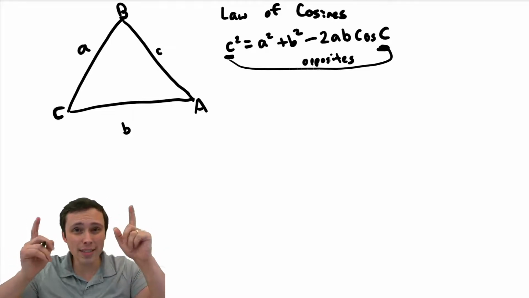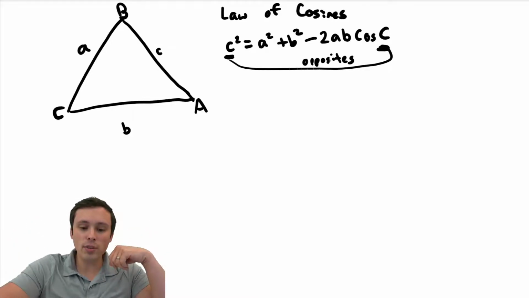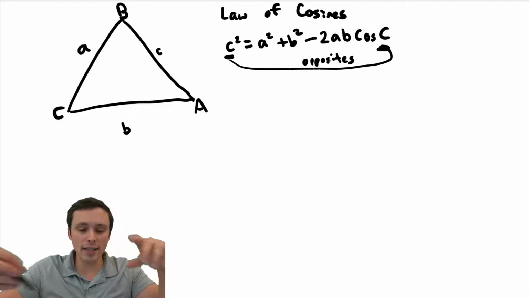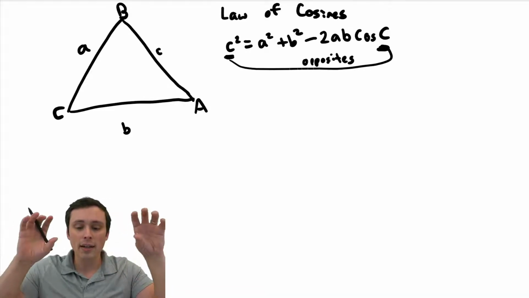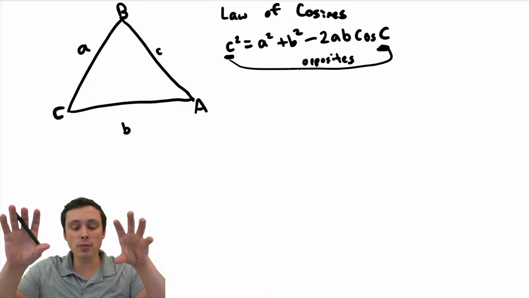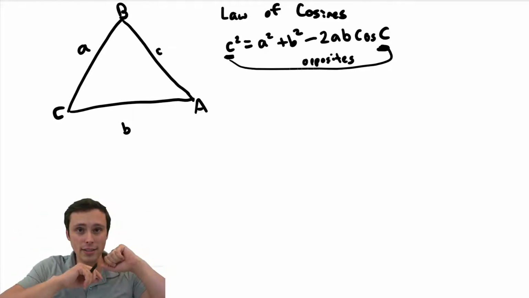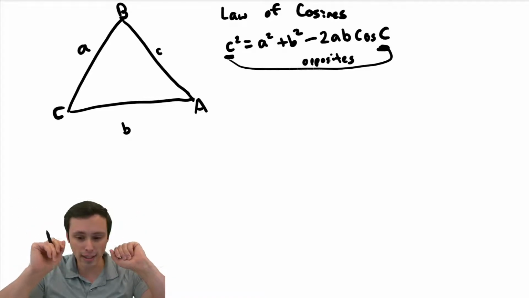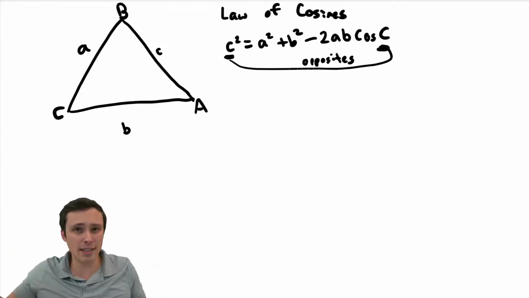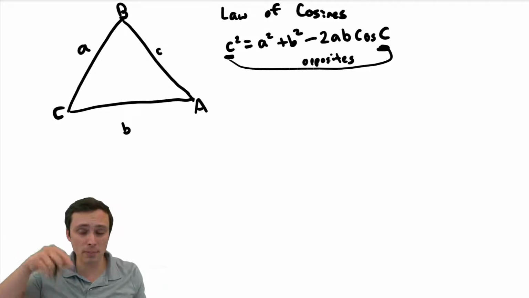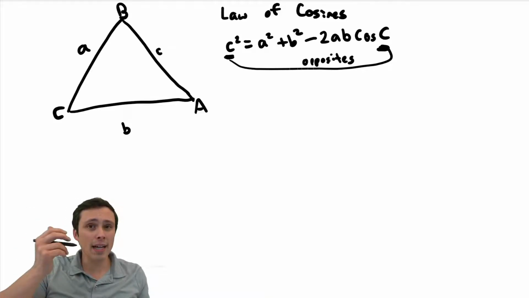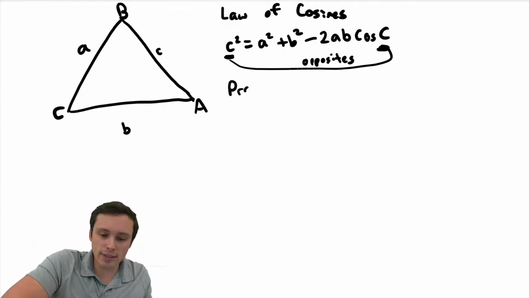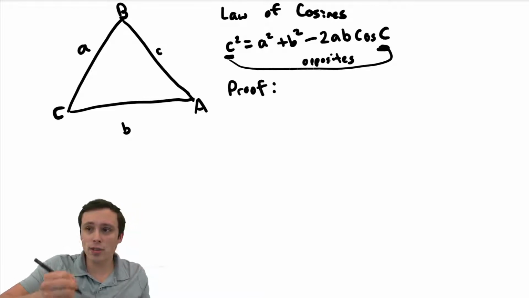So what this really says is that you could put an A here instead of the C. What matters here is that the cosine angle is the same as the one that's by itself on the other side of the equation. Those are opposite side and angle pairs. That's what this formula is saying. So you could write it down mixing up the letters as long as those two match as the opposite paired up sides.